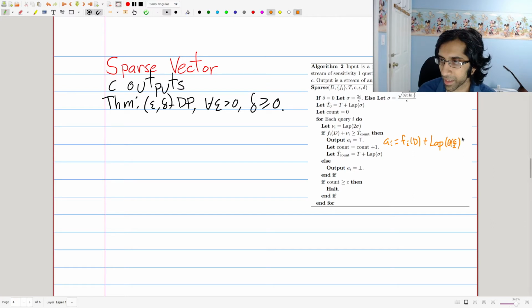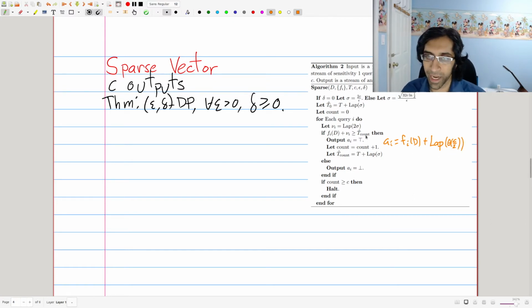I'm just using a theta here because I don't want to worry about the specific constant and what the privacy guarantee is. But the idea is, instead of just outputting top, we re-noise the value here and output it. And this allows us to output the values of the large queries, not just the identities.